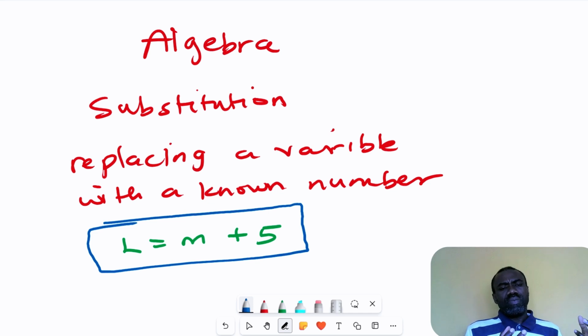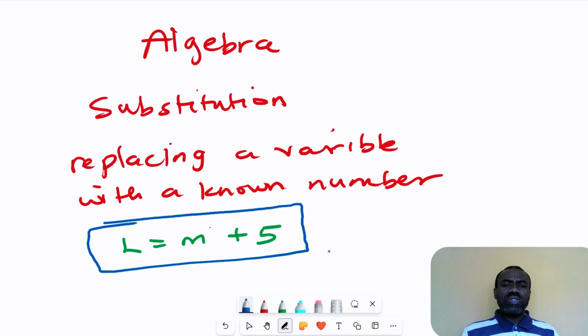There is L. We don't really know what L is, how big or how small L is. Then there is M. We don't know much about M. Of course, we know 5. If we are trying to see how big or small something is, when we say 5, we can understand how big or small that thing is, depending on the context.